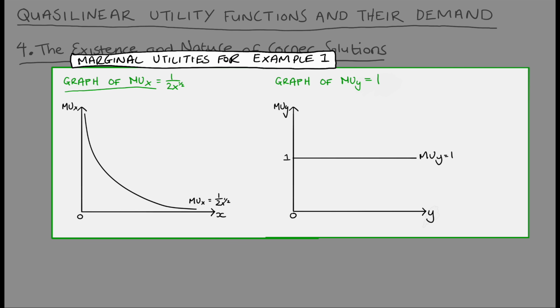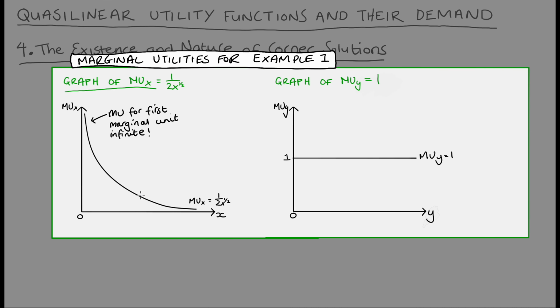Now, the other really cool way to look at all this is to go back to our marginal utilities. I talked about it a little bit in this video, but also in part 1, and that gives us more clues as to what's happening. So recall, for example 1, our marginal utility of x looked like this. It was asymptotic to the vertical axis, and the marginal utility of y was just constant. And well, we can add to all of this the following perspective.